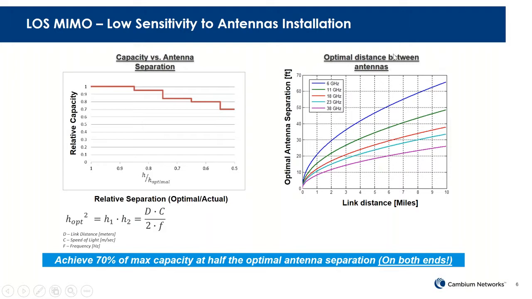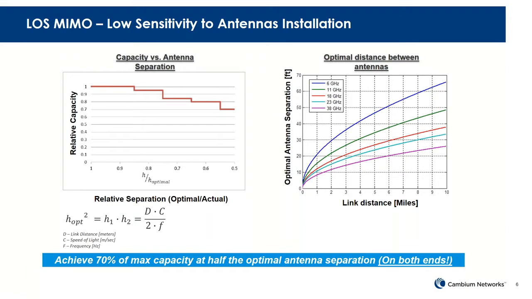The chart on the right hand side shows you, depending on the link distance and the radio frequency band that you are operating on, what would be the optimal separation.